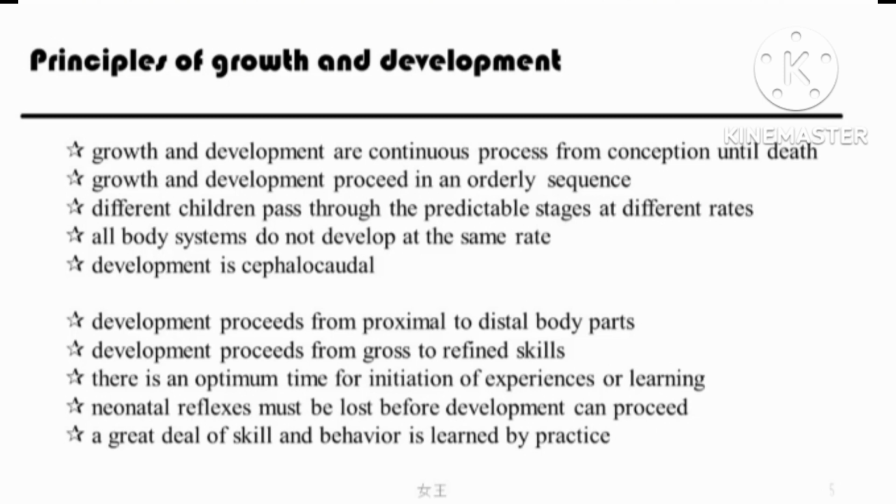Development is cephalocaudal. Development proceeds from proximal to distal body parts. Development proceeds from gross to refined skills. There is an optimum time for initiation of experiences or learning. Neonatal reflexes must be lost before development can proceed. A great deal of skill and behavior is learned by practice.